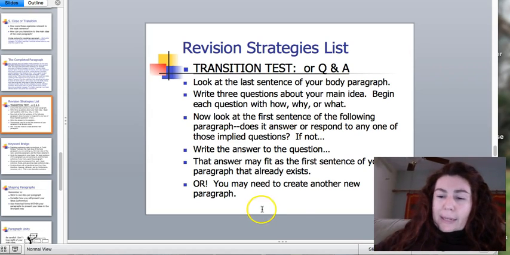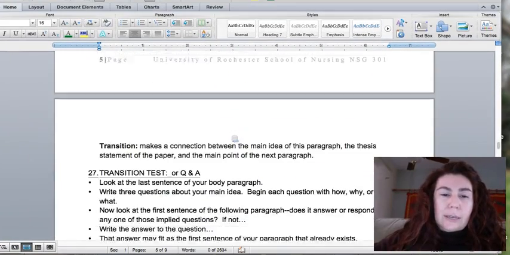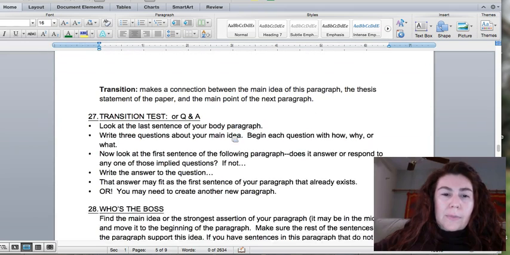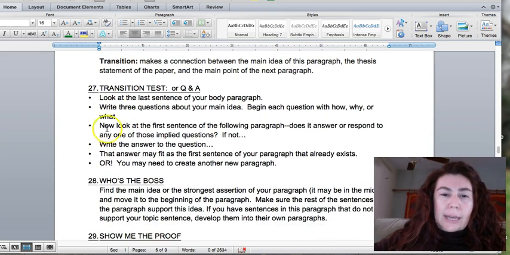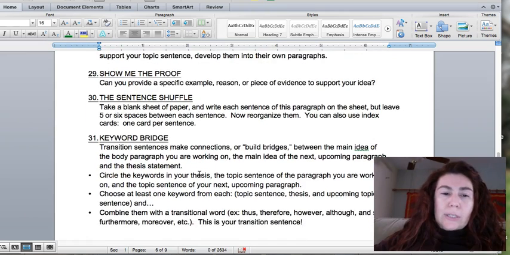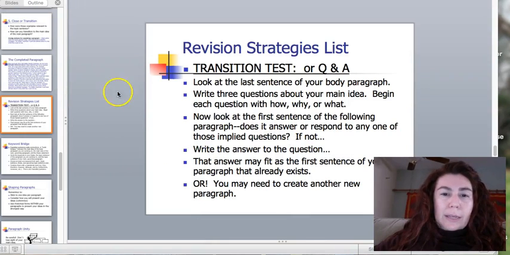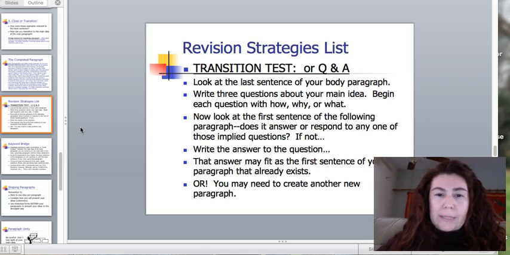So again, if you look in our revision strategies, you will see there's a transition test. That's one strategy that you could use to formulate your transitions, and the other one is number 31, the keyword bridge. So I'm going to just briefly go through these two models right here on the PowerPoint so that you have these here as well.